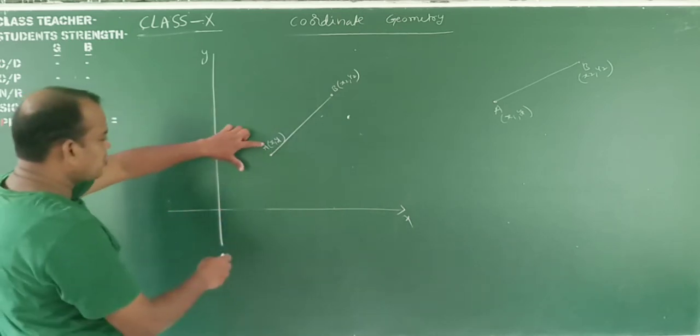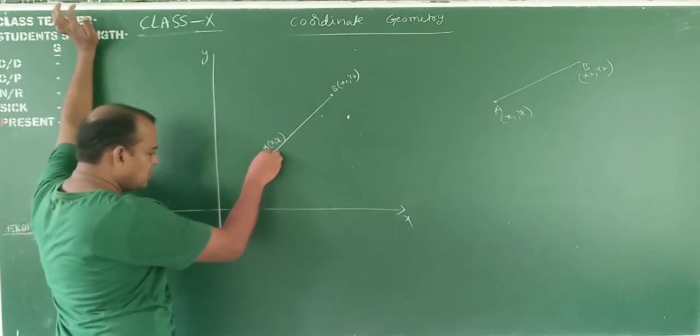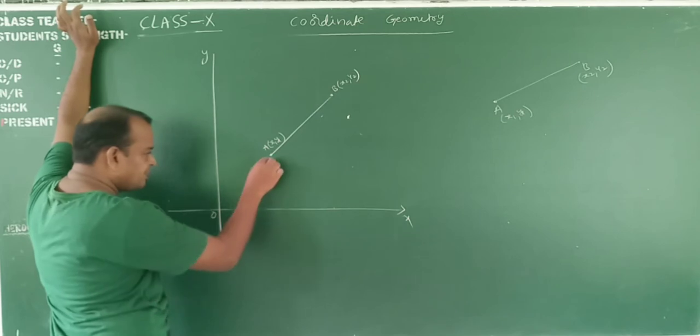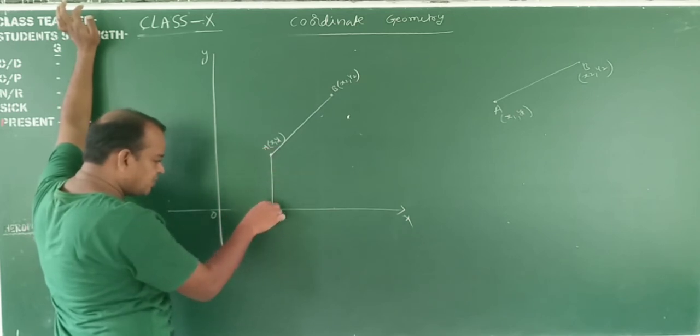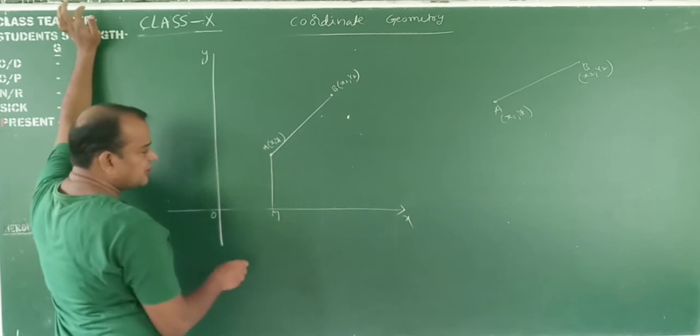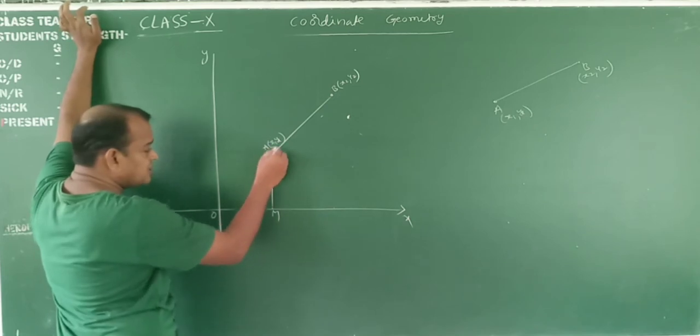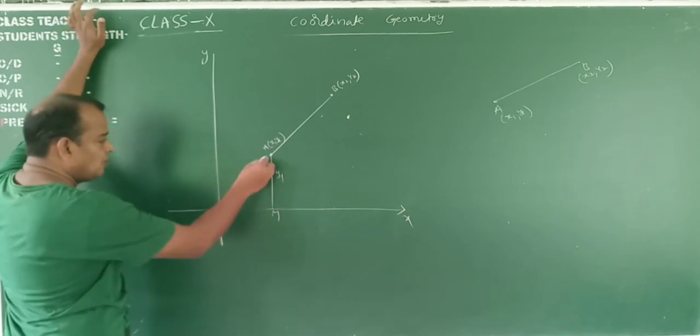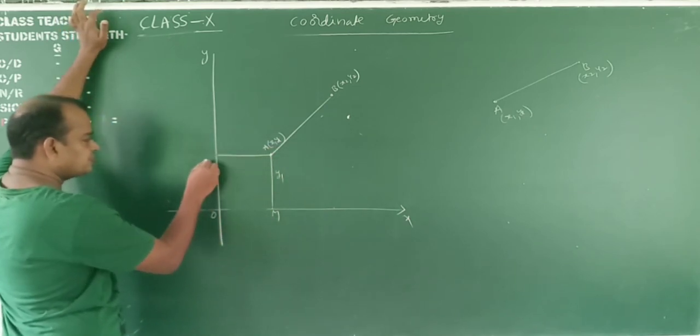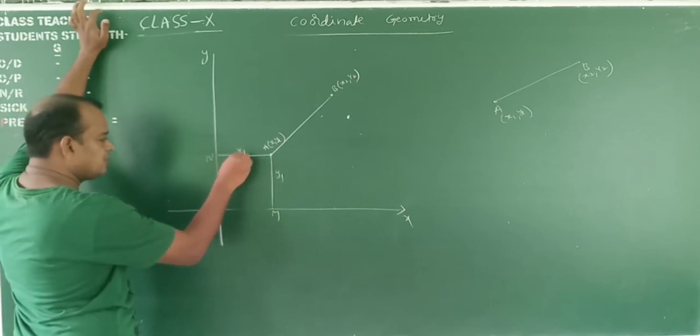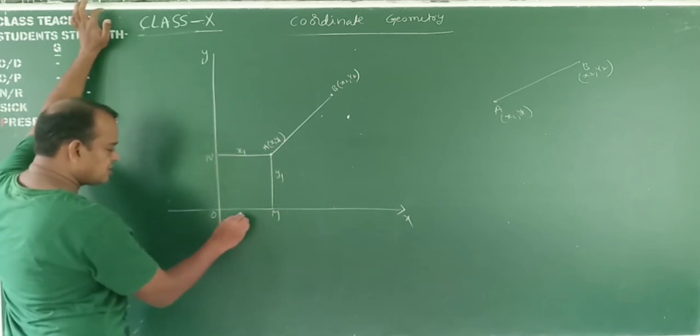Suppose this point is x1, y1. Here this is the origin. The distance from A to this one, suppose this is AM. The distance is y1. What about this one? This distance is x1.